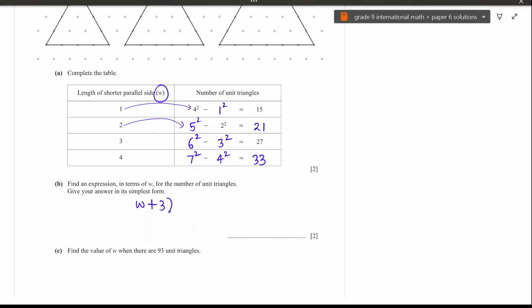So (w plus 3) squared, and from that I am removing the square of w. You can see this is 3 square, so this is minus w square. And I open this up using the a plus b whole square formula. So w square plus 6w plus 9 minus w square. That leaves me with just 6w plus 9.